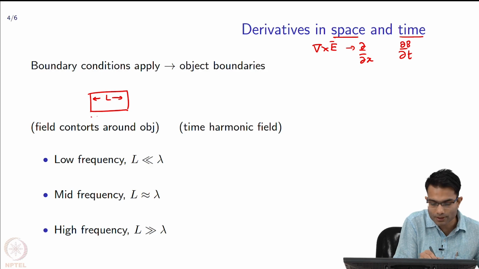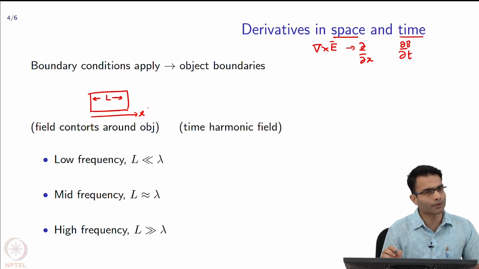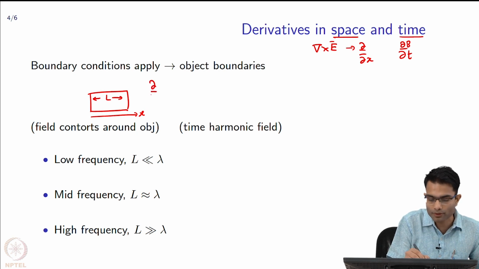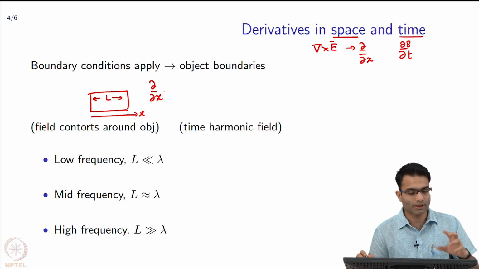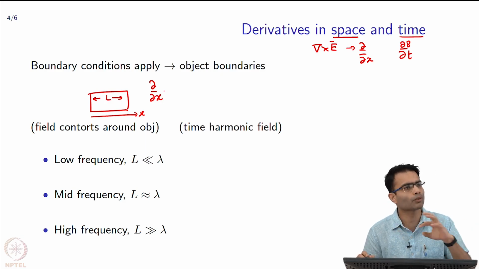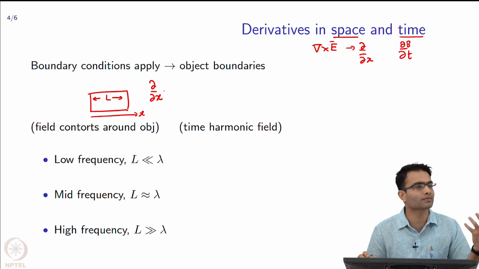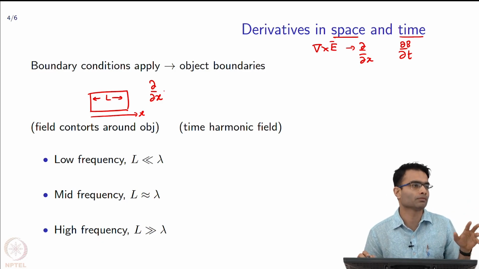So let's take this direction to be x. Very intuitively, if I ask you, for an object of size L, how would you write the rate of change of the field along that coordinate x in relation to L? You don't need to know Maxwell's equations, this is intuitive.